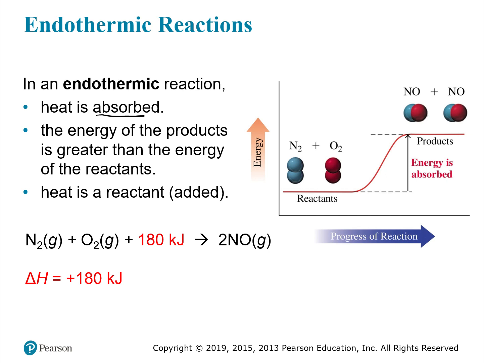If you want to add that heat to the reaction and write it in, it's going to be on the reactant side because you need that added heat to make the reaction start. The delta H for an endothermic reaction is positive.